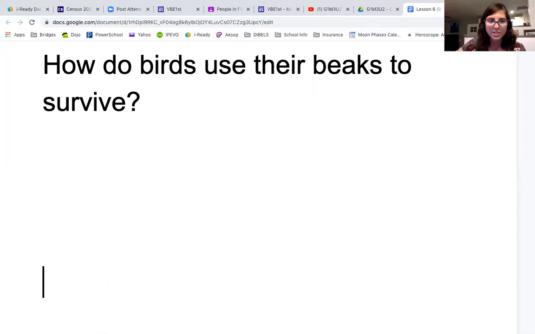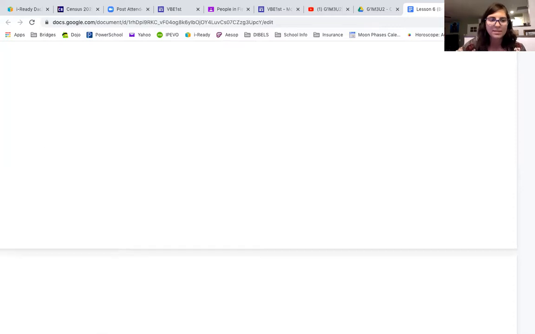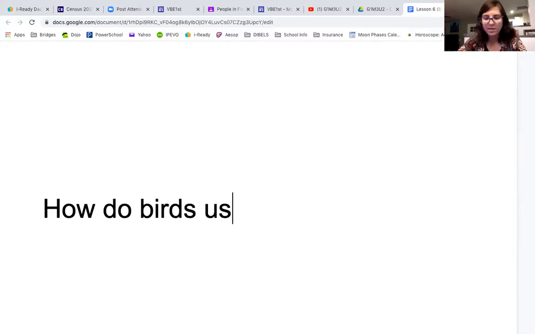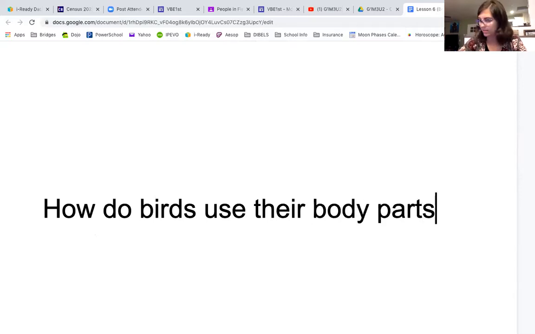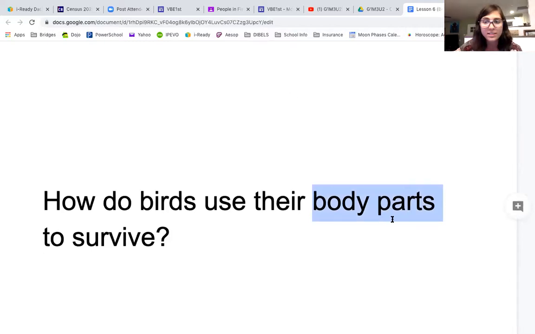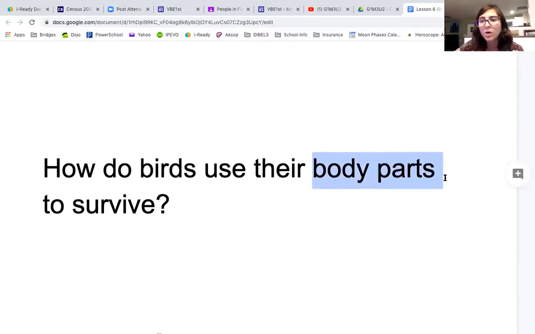Now, our next question, let's go down here. How do birds use their body parts to survive? So we're not limiting to just beaks. Where it says body parts, where I highlighted it, it could be beak, it could be their eyes, it could be their feathers, it could be their feet.